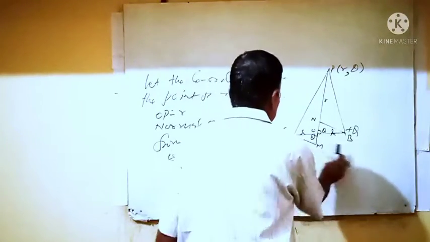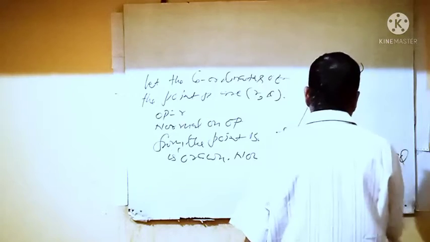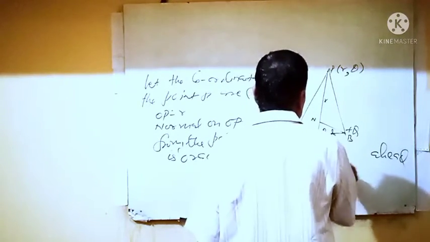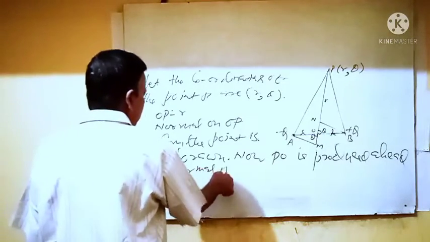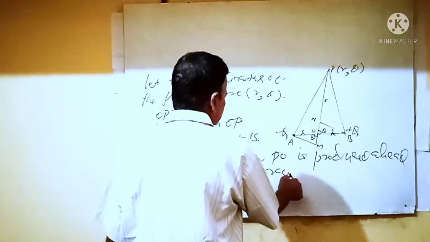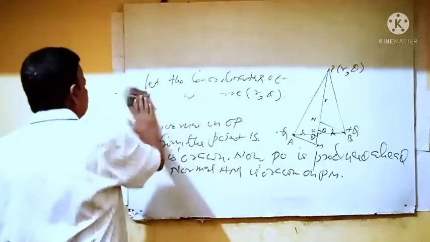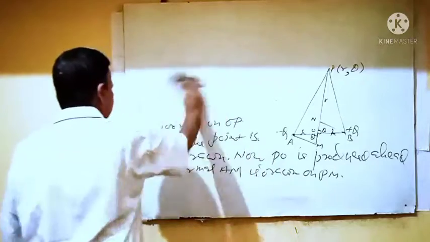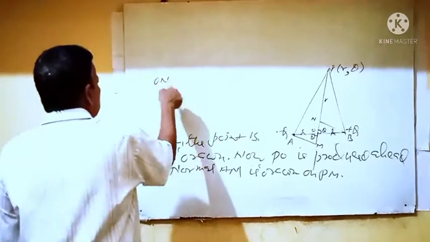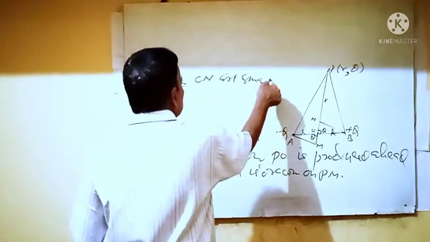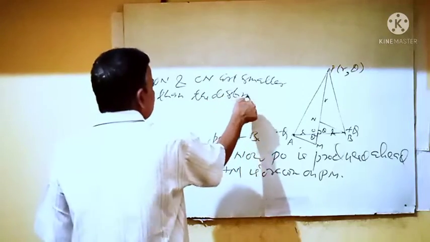A normal from A is drawn on PM. PM, OM and ON are smaller than the distance r.